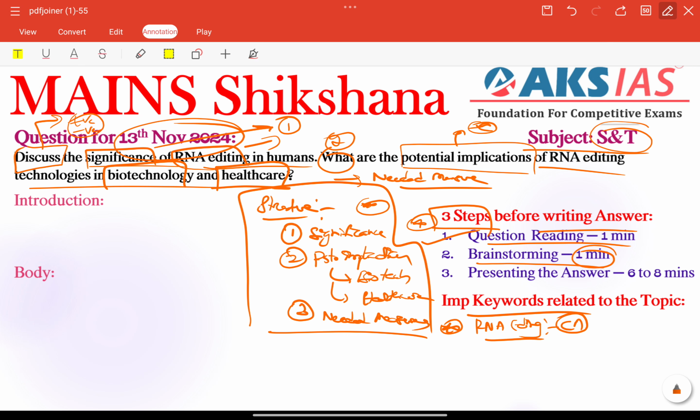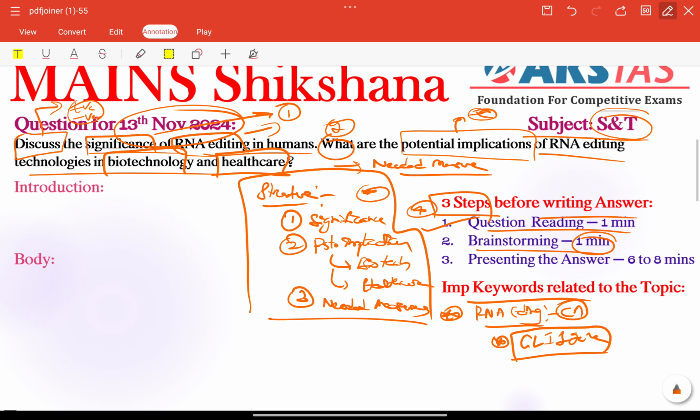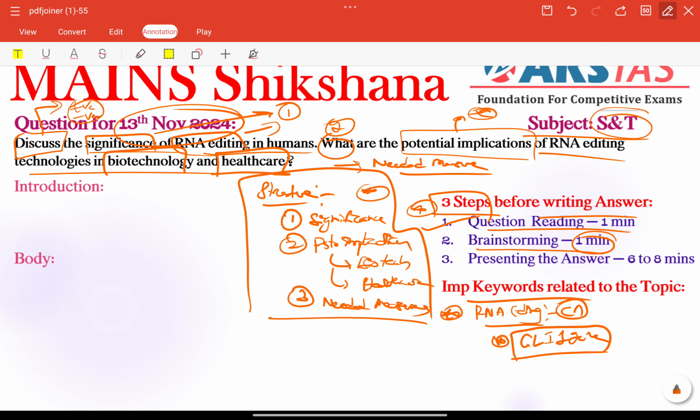So other than that, we need to focus on some gene expression control related to some GLI1 gene, recently linked to cancer progression through RNA editing, right? These type of keywords especially need to include in our answer. Other than that, we have RNA editing related issues, some genetic modification related GMO also need to include.